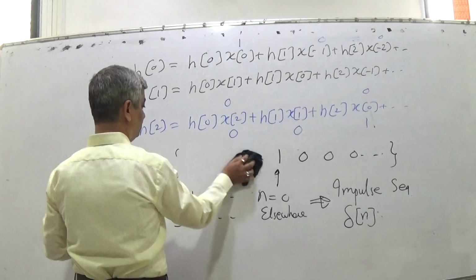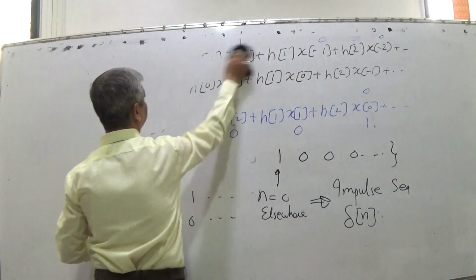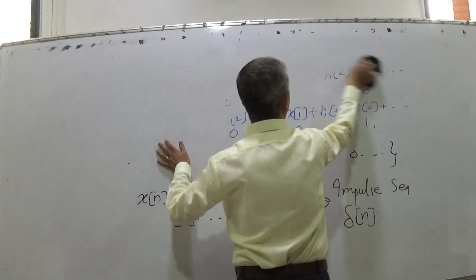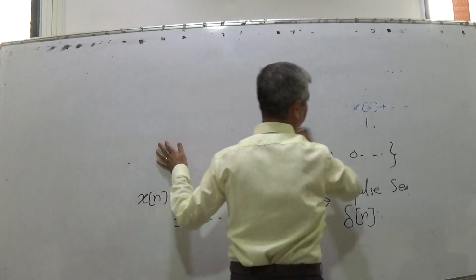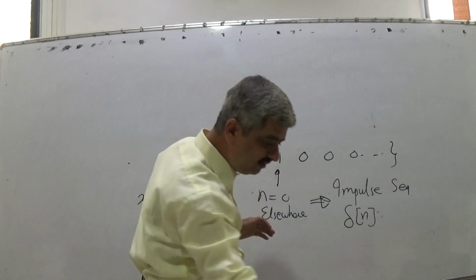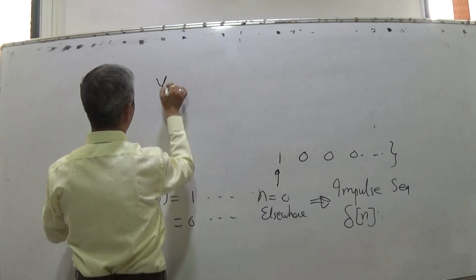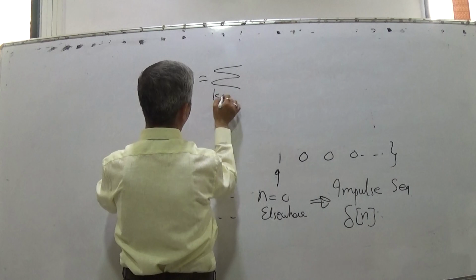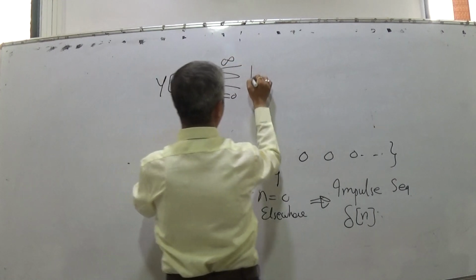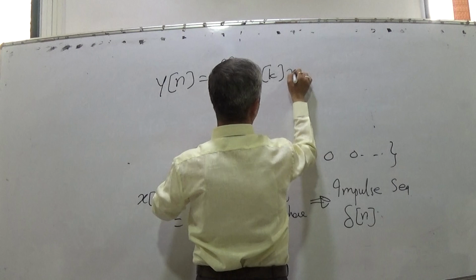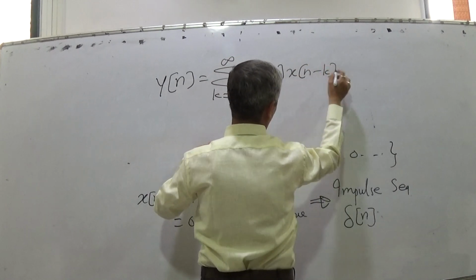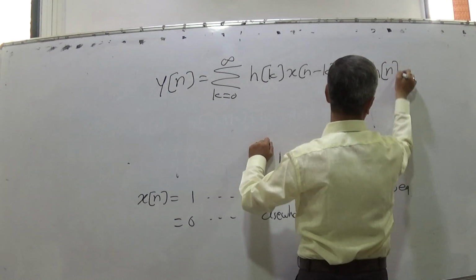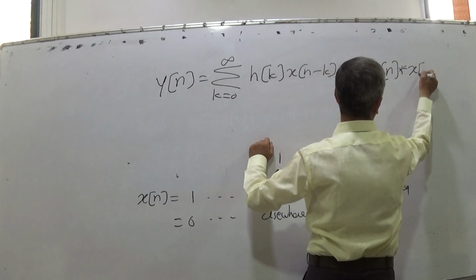So what we get ultimately, the output is the convolution, the summation of h(k) x(n minus k). This is also expressed symbolically as h(n) convolved with x(n).